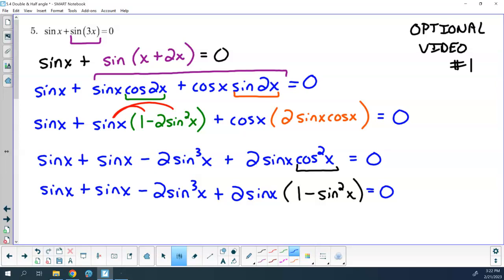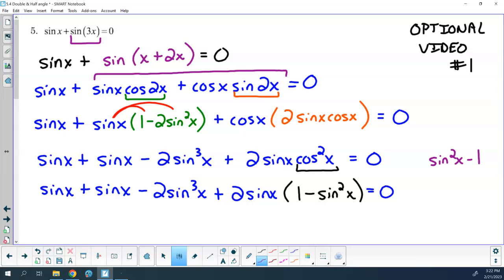Yep. Side note, Mr. Roth, I don't know if you started correcting your tests from last week, but a lot of people wrote that black identity right there as sine squared of x minus 1. Yeah, I marked that wrong a lot. Yep, me too. Or they didn't put parentheses around things.